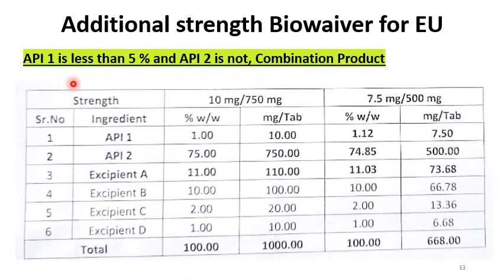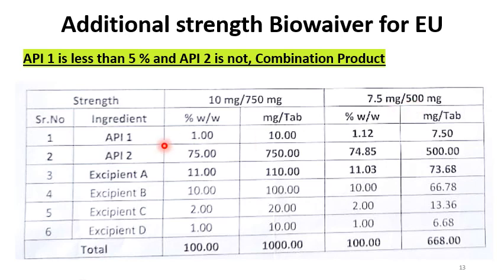Now coming to another formulation where an API combination is there. API 1 is less than 5% and API 2 is not less than 5%, and it is a combination product. Now see, the two strengths are 10 mg by 750 mg and 7.5 mg by 500 mg.